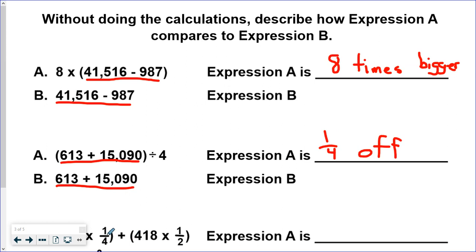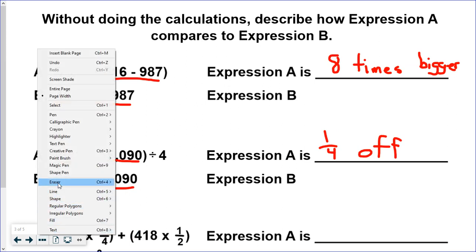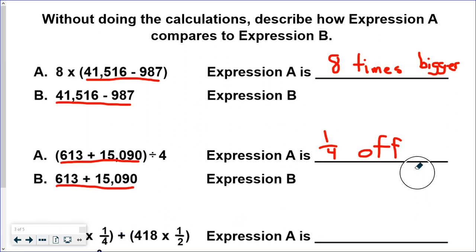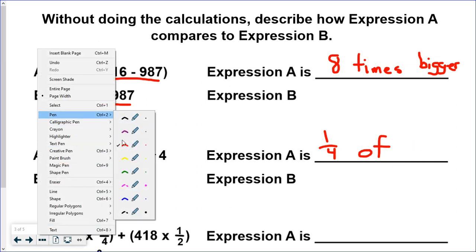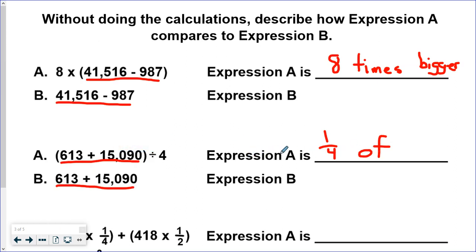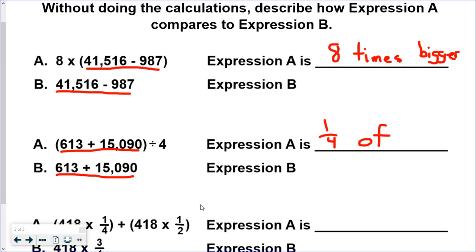So there's a couple ways you could write that. You could say the expression is 4 times smaller than expression B, or you could say 1/4 of it because you're making it smaller.